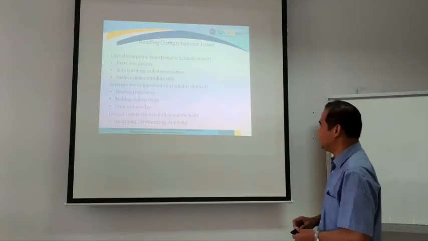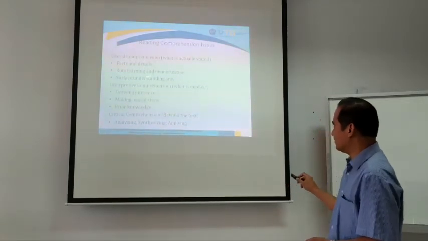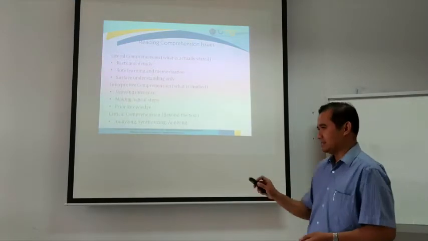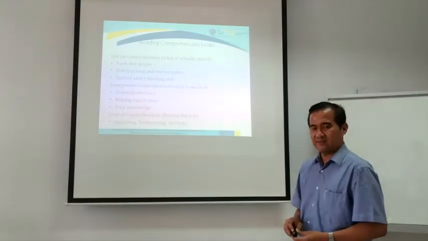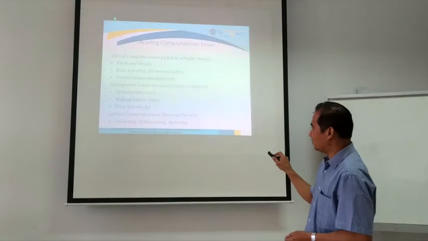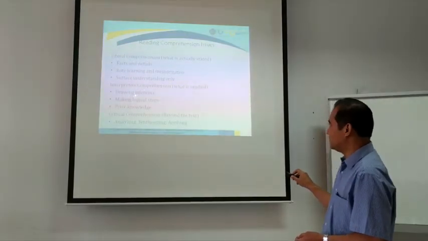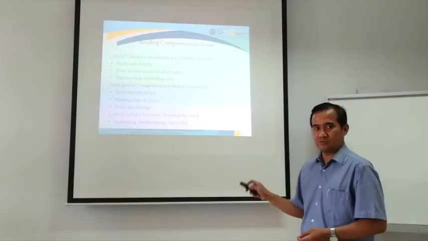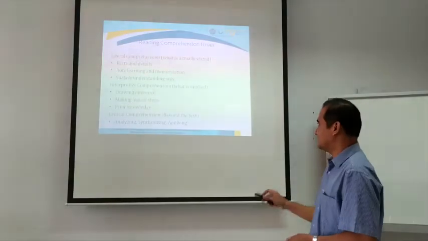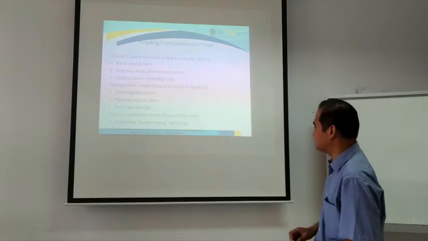The easiest way to characterize interpretive comprehension is by looking between the sentences or between the lines. So you can see sentence 1 and sentence 2, and you see what is behind the 2 sentences or the 2 lines. This is the characteristic of interpretive comprehension.